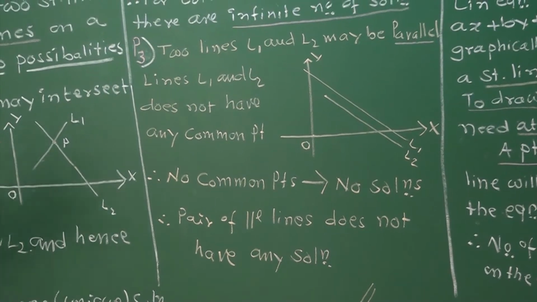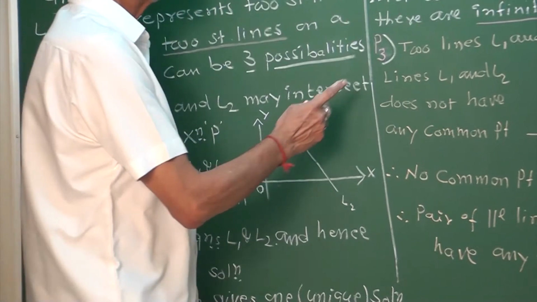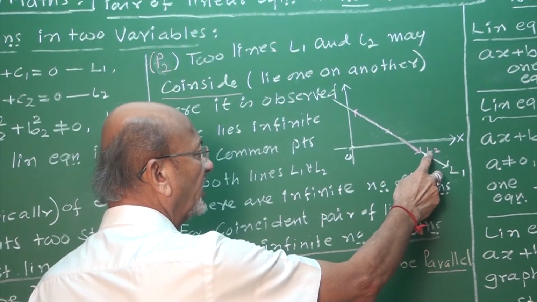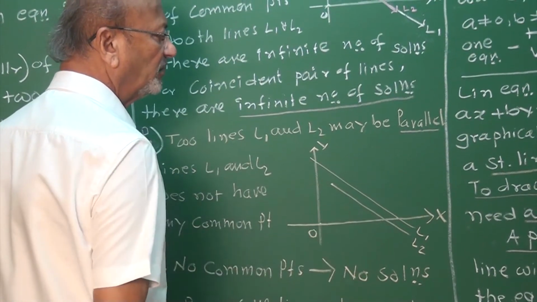Therefore, my friends, there exist three cases. One, the lines may intersect. Second, one line may lie on another line, coincident lines. Third, they may be parallel.